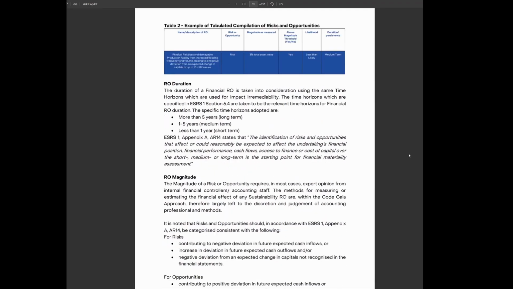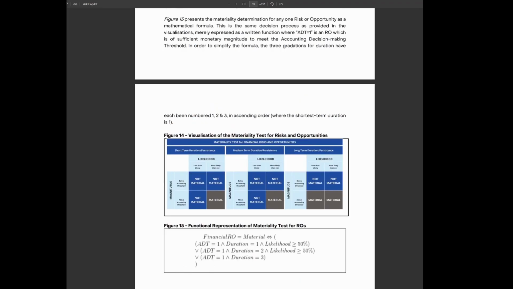As with impacts, we go into some detail explaining the characteristics of risks and opportunities which are used for assessment purposes. And we have the materiality tests for risks and opportunities, which are here presented in these visualizations. And once again, as with impacts, the expression of those tests in a mathematical formula. These are the thresholds. The thresholds are explicitly written for anyone to see.